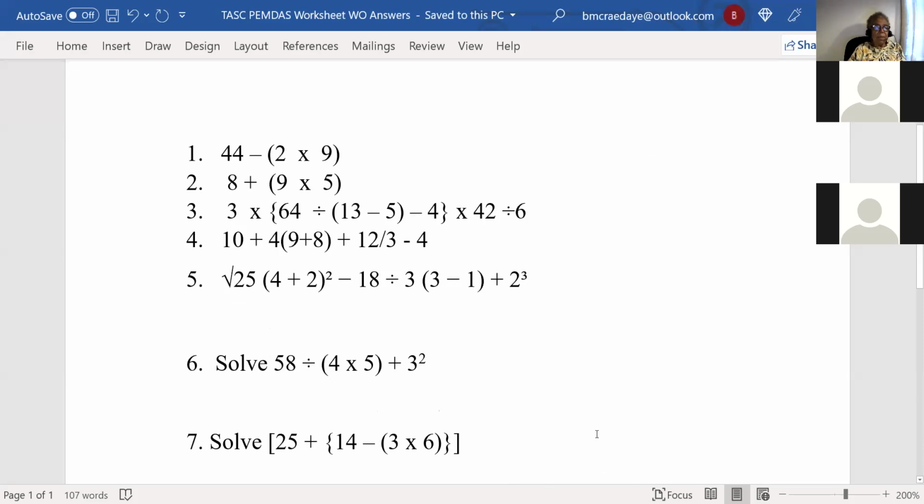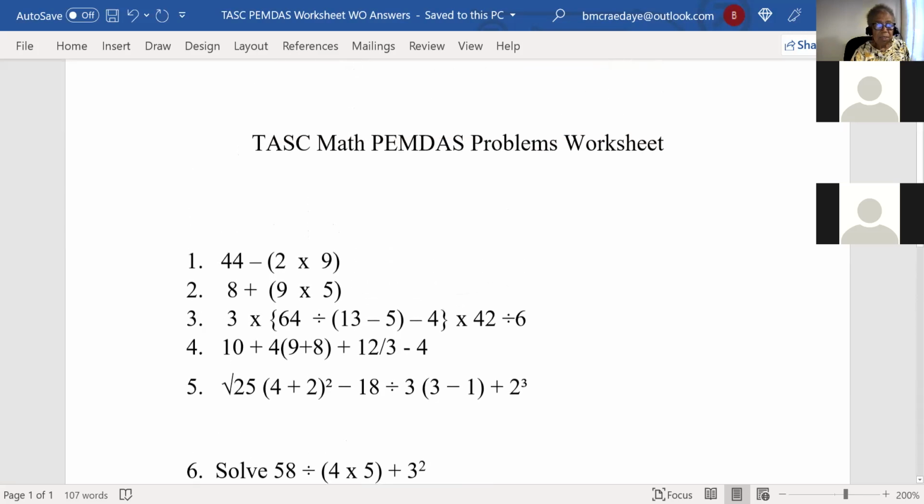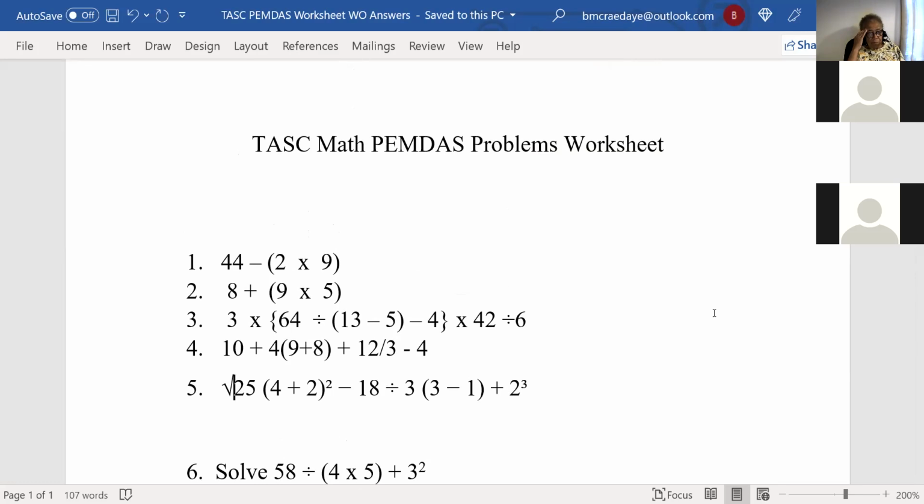Now, PEMDAS means what, Maureen? What does it mean? Right here, PEMDAS. Parentheses, exponents, multiplication, division, addition, and subtraction. Right.